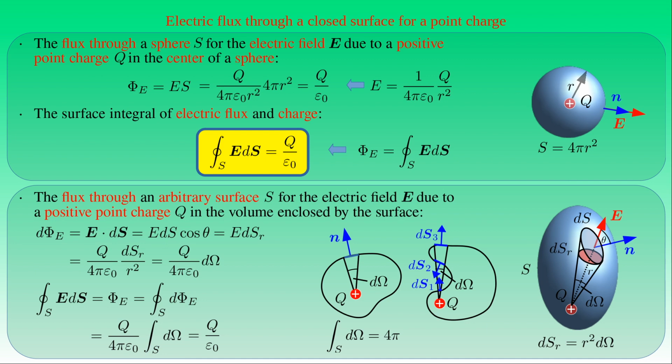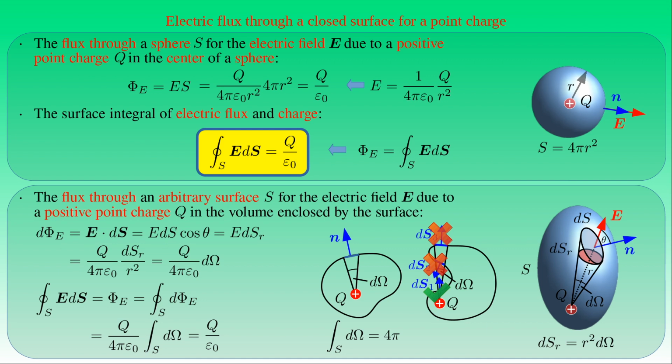The only difference is that the flux is positive over the area elements ds1 and ds3, and negative over the area element ds2, which can be seen from the angles between the directions of the area element vectors and the one of the electric field. As a result, the fluxes through the area elements ds2 and ds3 cancel out, and only the flux over the area element ds1 contributes to the net flux over the whole surface S.